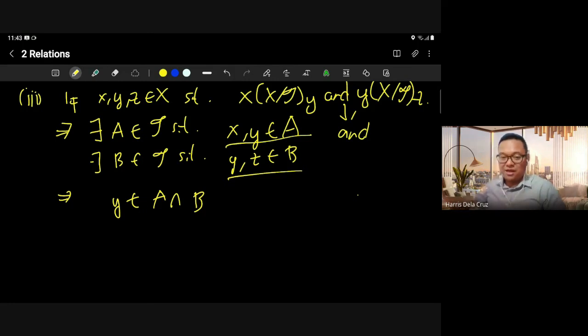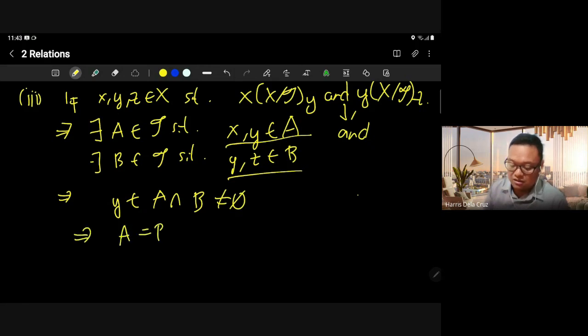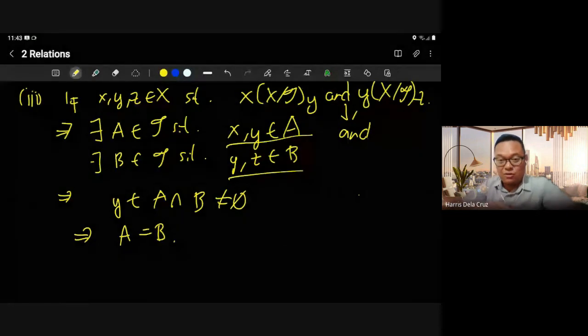Imposible na meron kang dalawang distinct na set na nag-overlap na may intersection. So ibig sabihin, kung hindi empty yung intersection, automatic equal sila. Tama? Kasi sa partition, hindi pwedeng nag-overlap ka lang. Dapat either equal ka o disjoint ka. Nag-overlap sila. So, ibig sabihin, equal ka dapat.